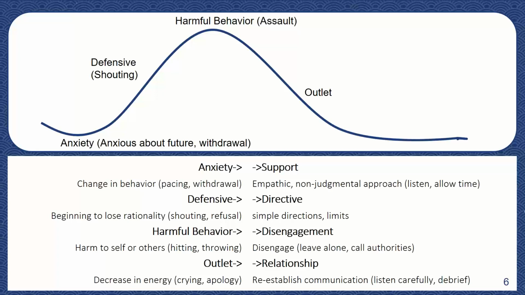And then the outlet: nobody can be that angry all the time, or if somebody's suicidal, there's always that outlet afterwards. At the bottom half, we can look at what those stages look like in a general way. In that example, hopefully you can see where the anxiety, the defensive, and the harmful behavior are.